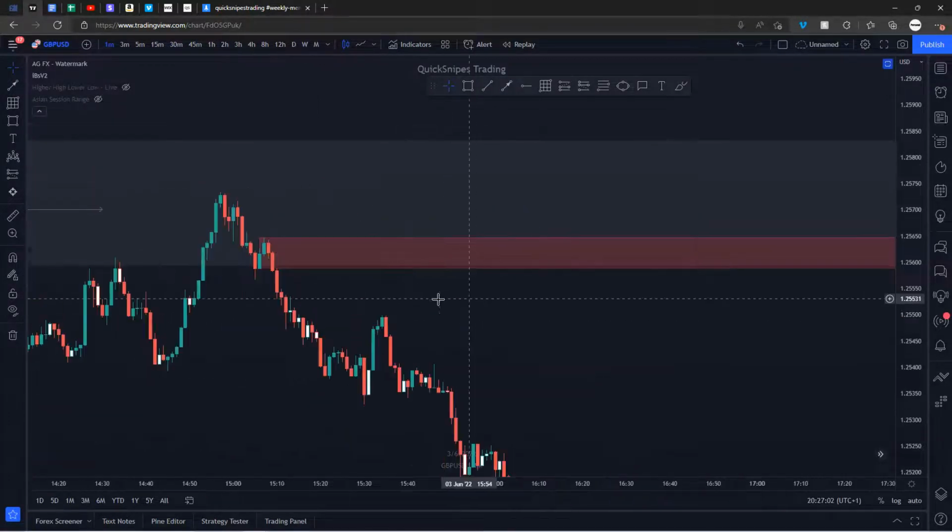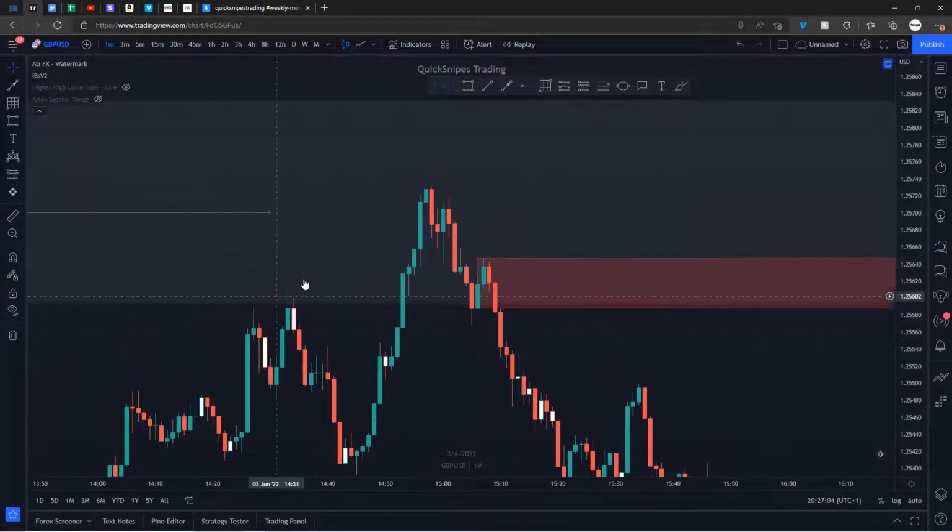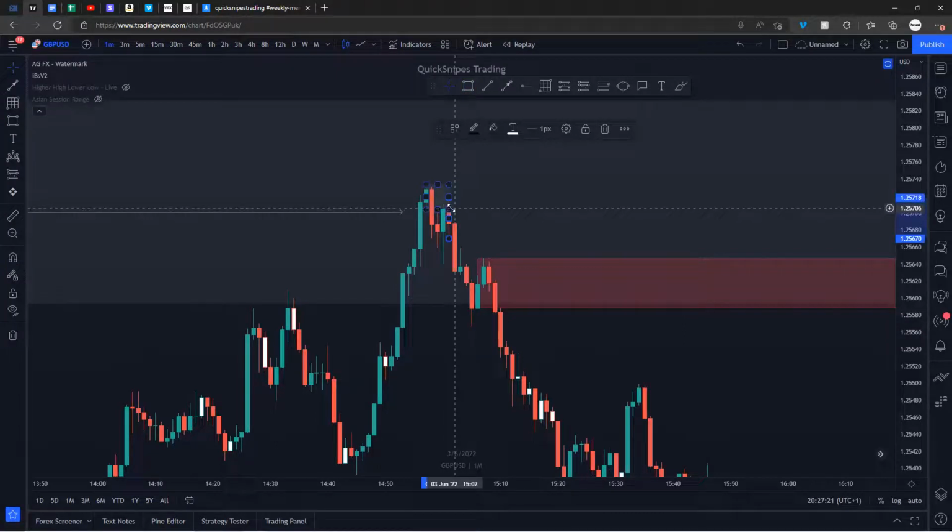So what I'm seeing is another supply chain. We've had our liquidity grab over here, and then we have this supply, which is formed over here. And that supply has formed this supply, but that never properly broke structure. So this supply, that's the one that properly broke structure over here, took out these lows.